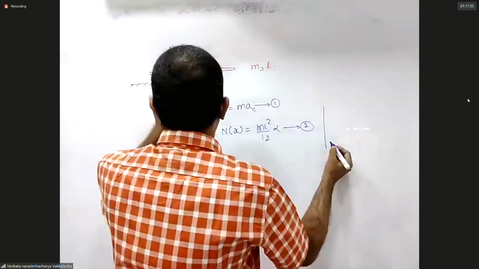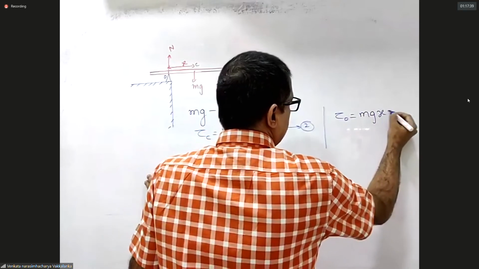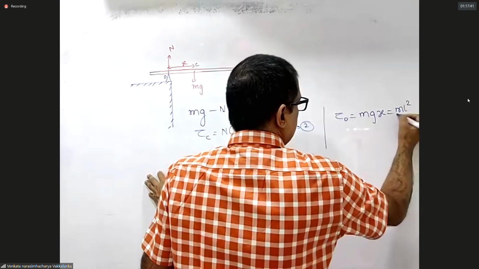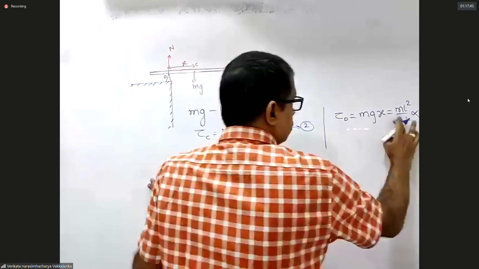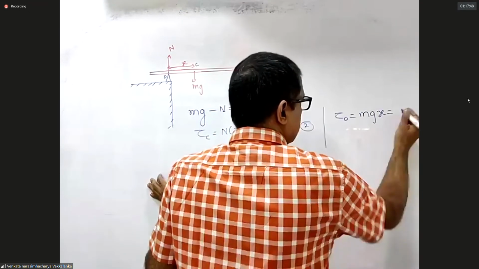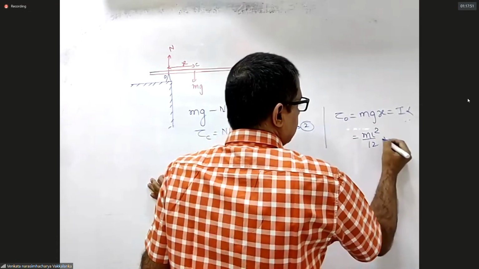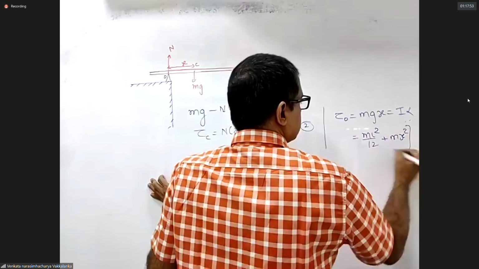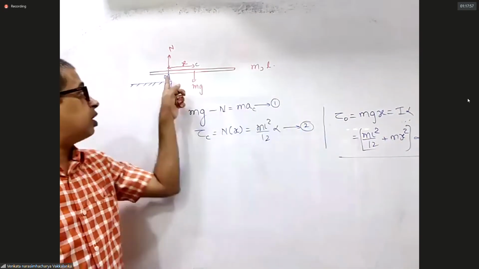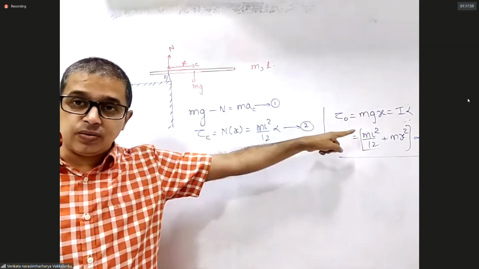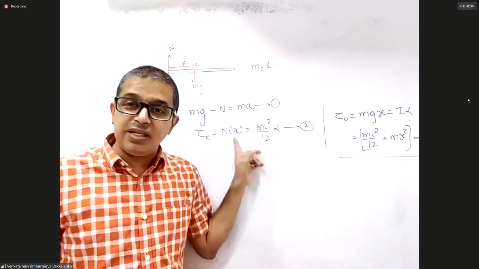You can take the torque even about O. Torque about O is mg into x is I into alpha. This will be ml square by 12 plus m into x square, that into alpha. Somebody who has taken the torque about O, you will get this equation. Torque about center of mass, you will get this equation.